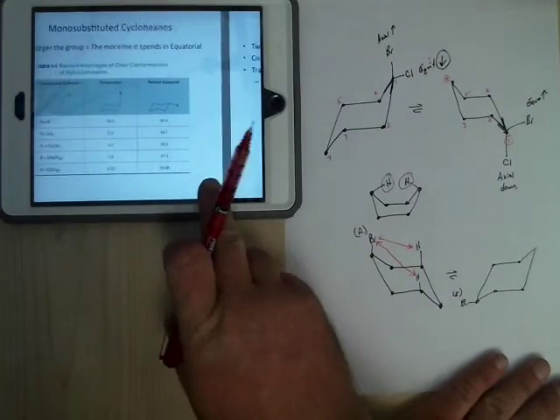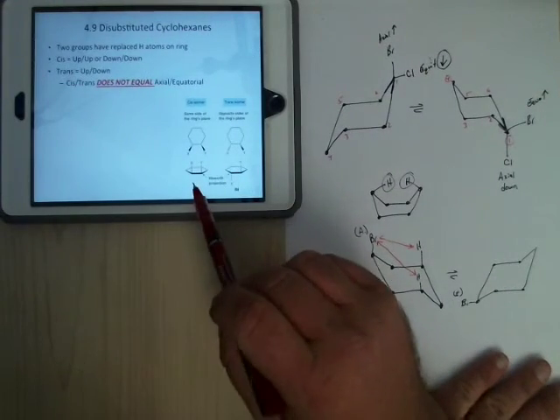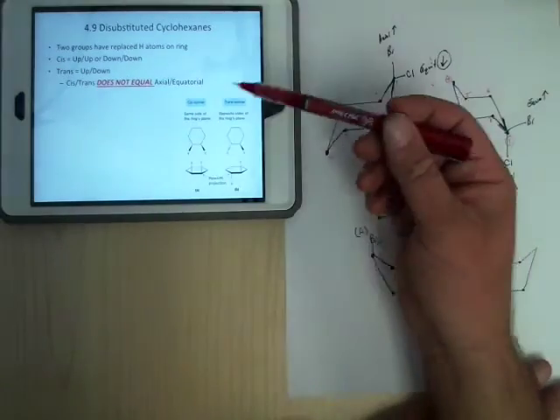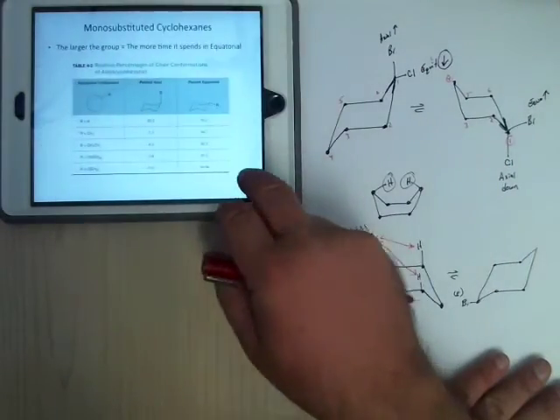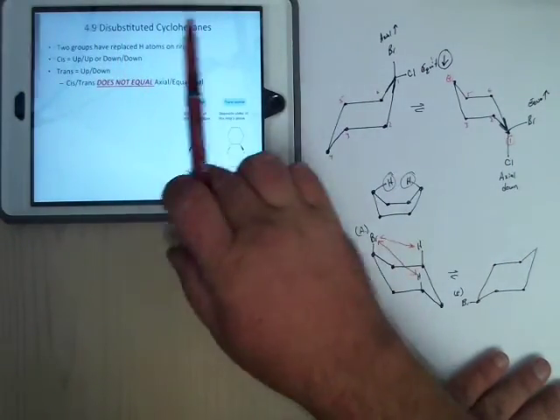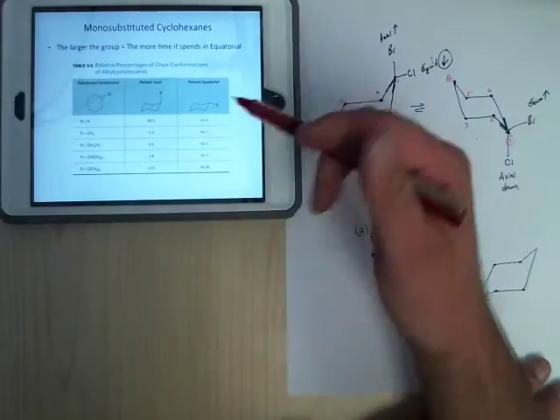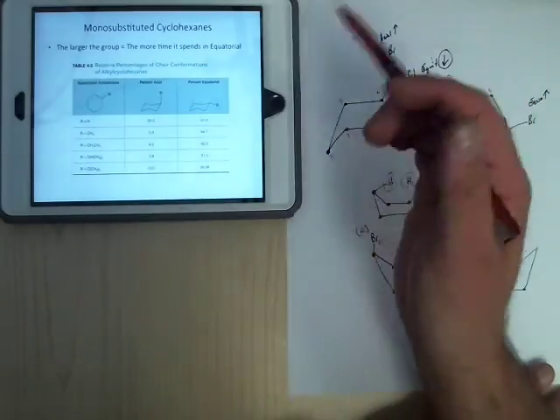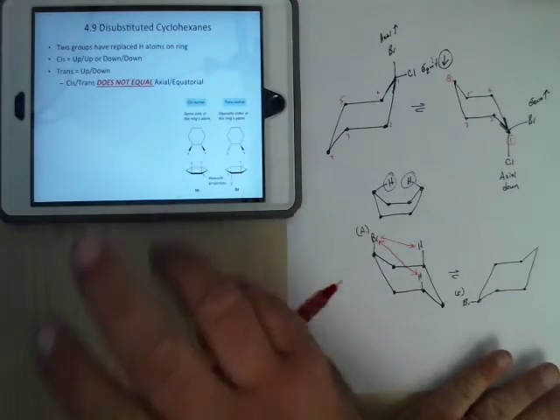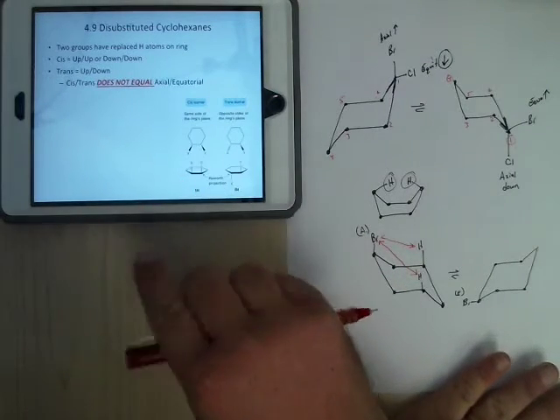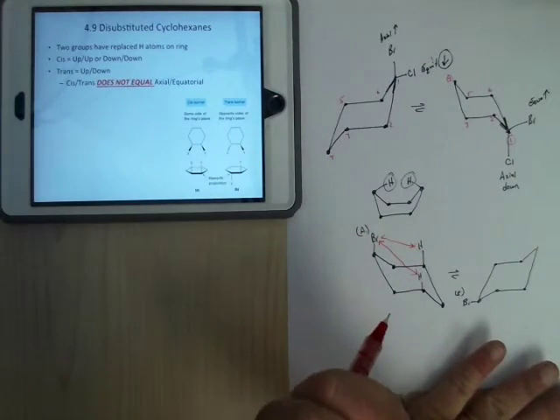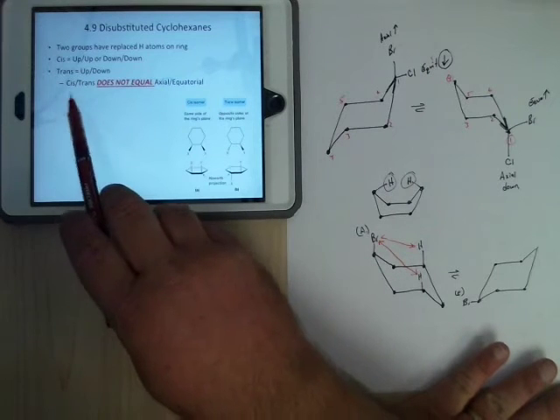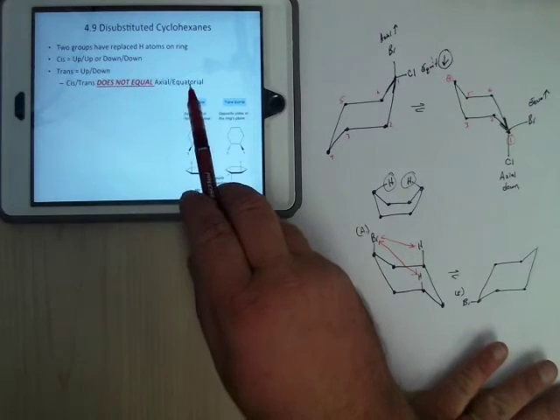So that's for monosubstituted. With monosubstituted, it's pretty easy because you just put it into equatorial and everybody's happy. With disubstituted it becomes a little bit more complicated, but the first thing we have to talk about is cis and trans. Remember, cis and trans do not equal axial and equatorial.